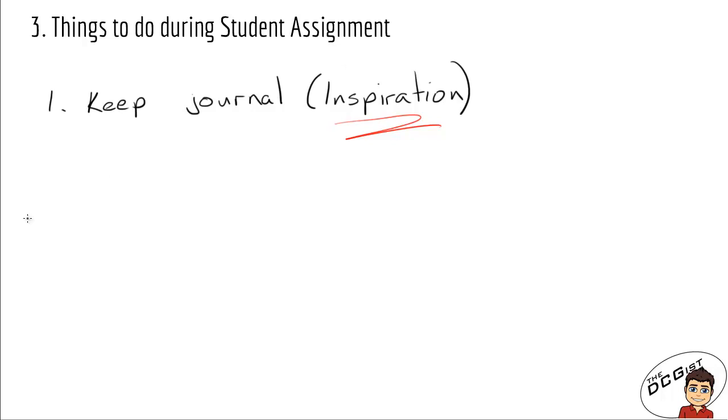Another thing that's a really good idea is that every time you see something in the real world that makes you think of the DCG student assignment, take a photograph of it. We all have phones now. Most people have cameras. So most of the time when you're just walking around the street and you think of a student assignment, it's very easy for you to take out your camera and just snap a picture of it.